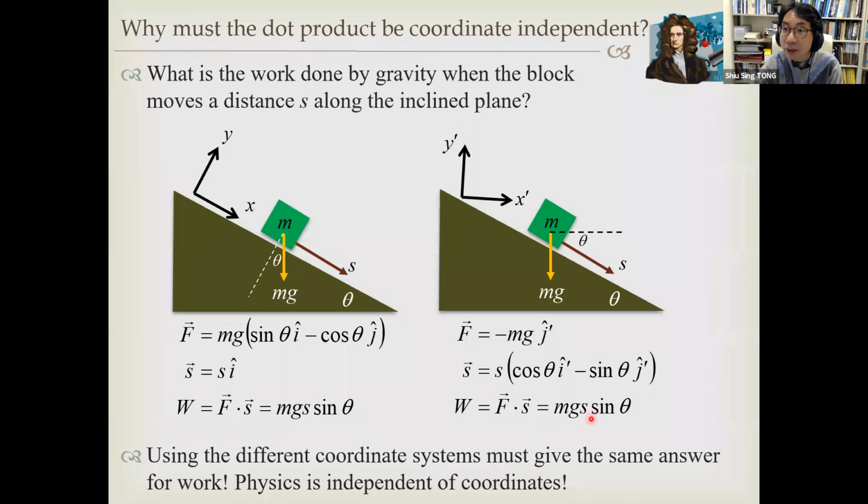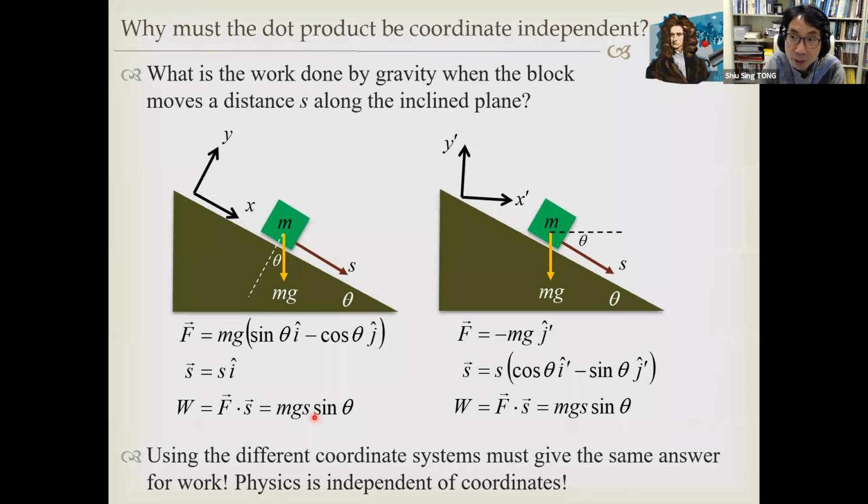We form a dot product and we find the dot product remains the same. That is important because the coordinate is something that we define, and physics cannot depend on something we define, right? If you use a tilted coordinate system, that must yield the same value because the work done is the energy transfer, and the energy transfer should not depend on the coordinate you choose.